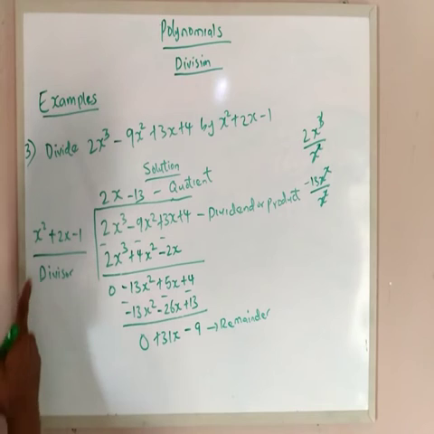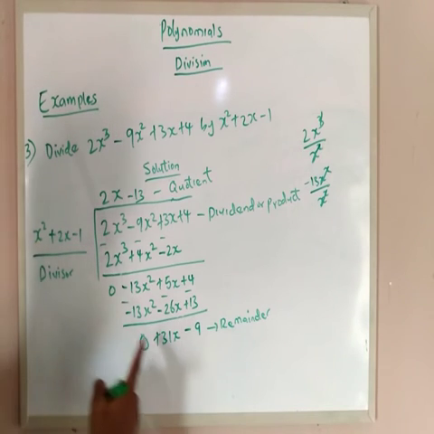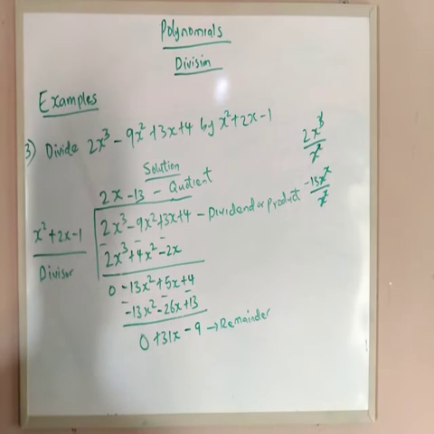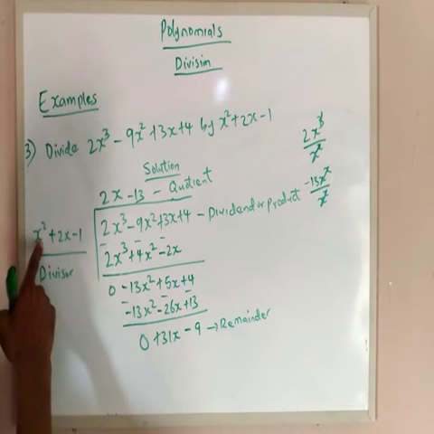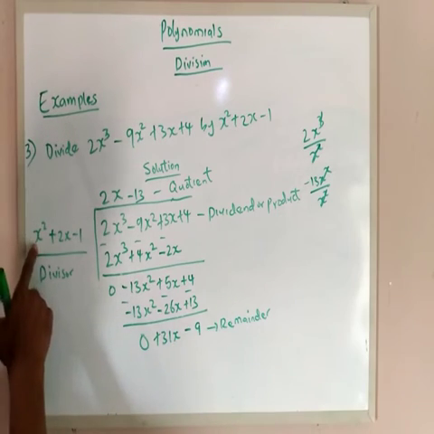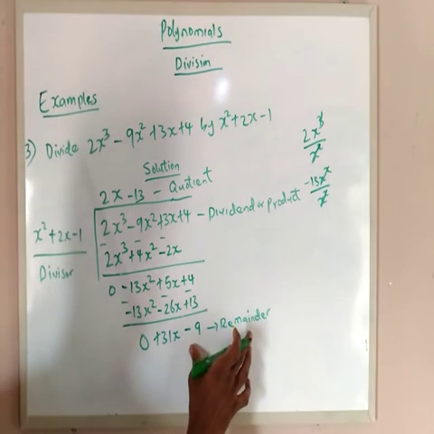Now, this is x squared, and the term we are having here starts with x. So it's not possible for us to divide x by x squared. So we leave this as our remainder.